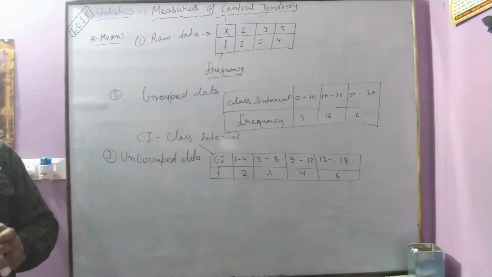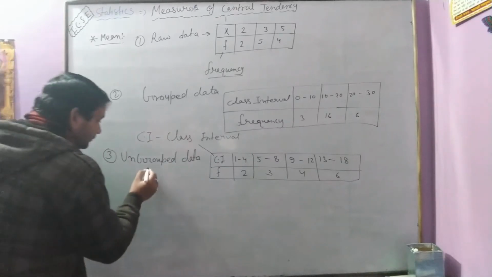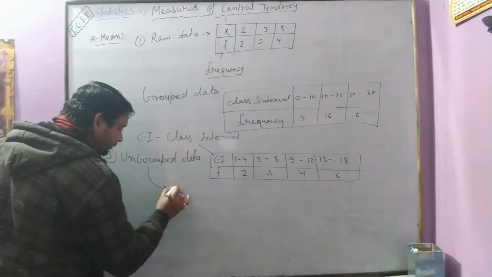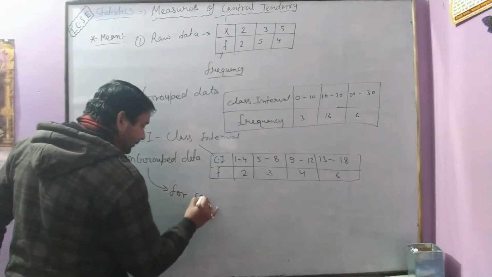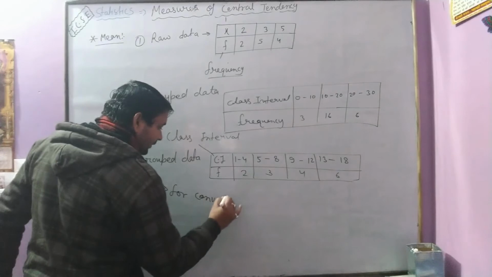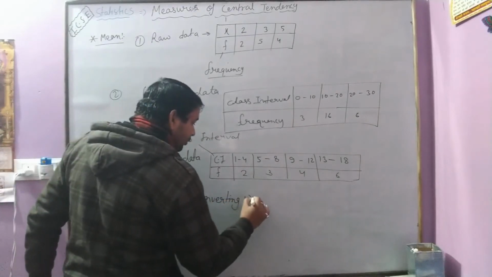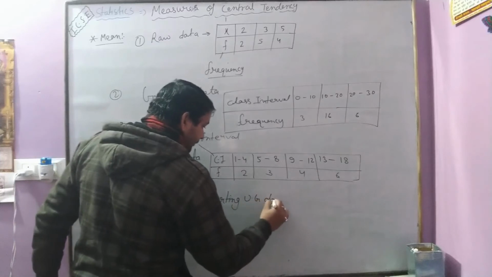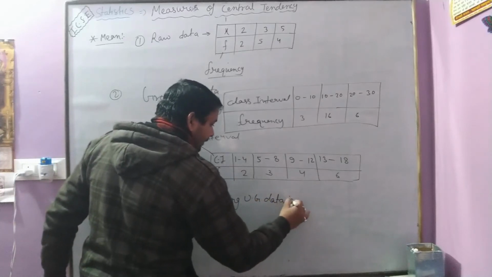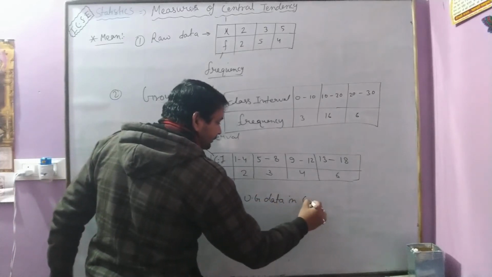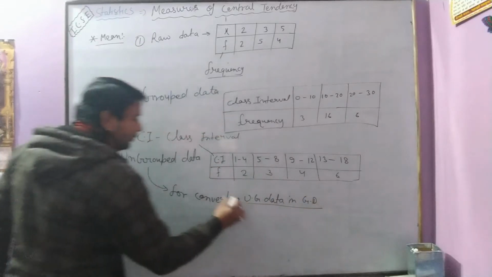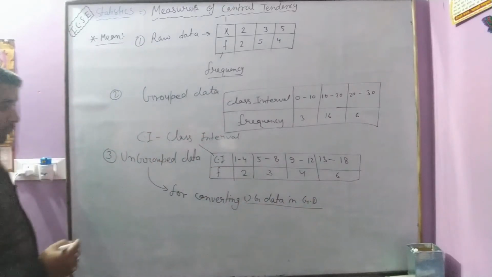how to change ungrouped data into grouped form. For converting ungrouped data into grouped data, what you have to do?